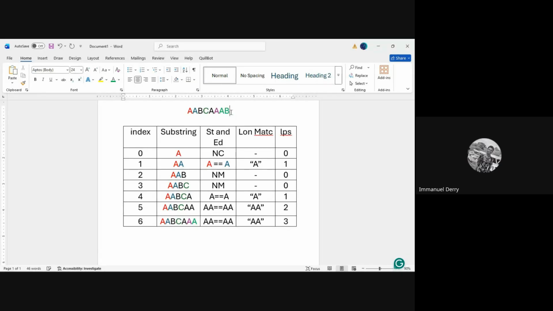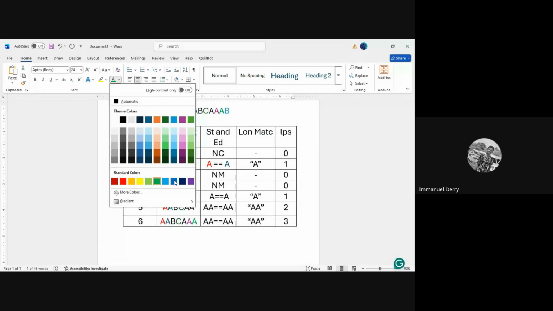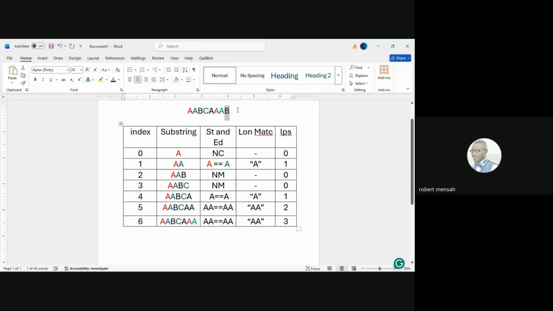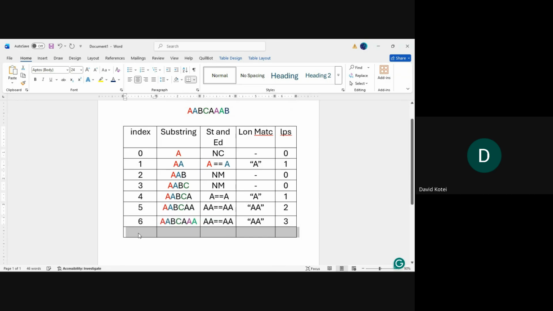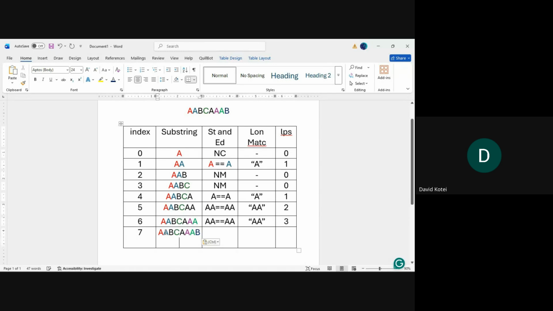Okay, so let's add B. Someone should help us get the LPS for this substring. The 7th index will be AAB.